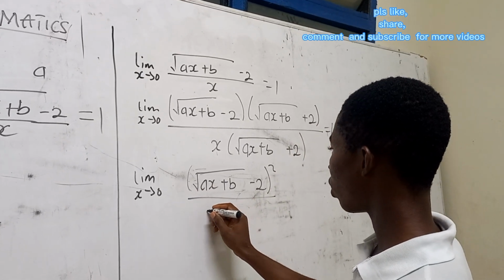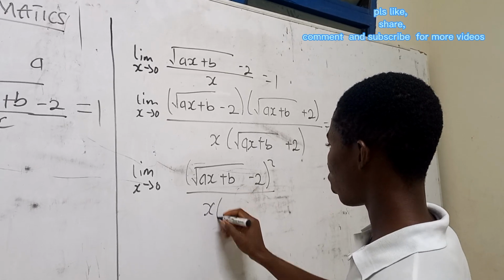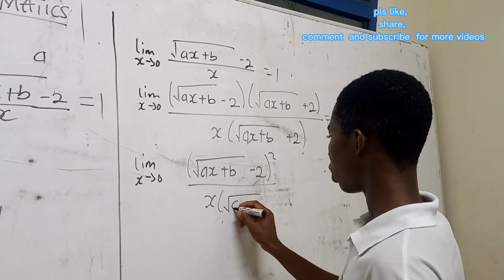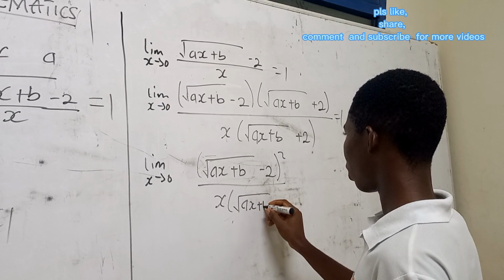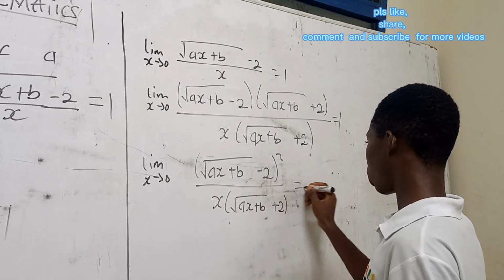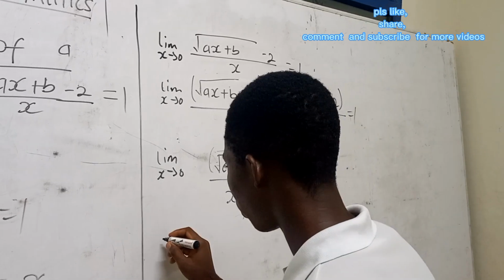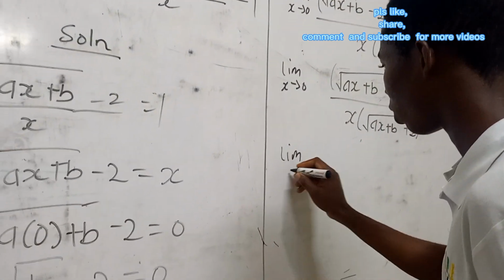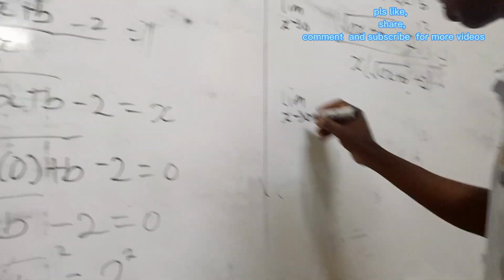Then you will have x multiplying root of ax plus b plus 2, which is equal to 1. Then we will have the limit as x approaches 0.